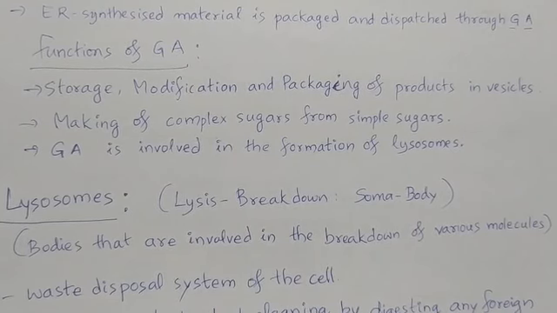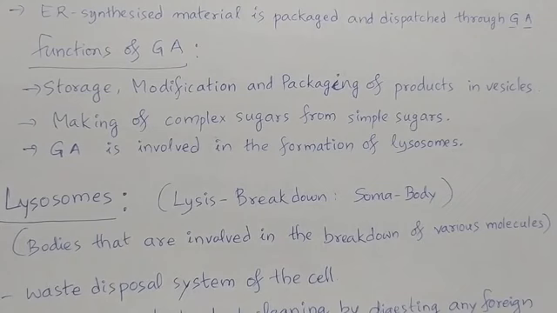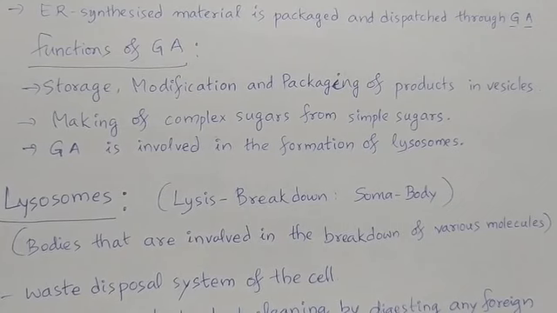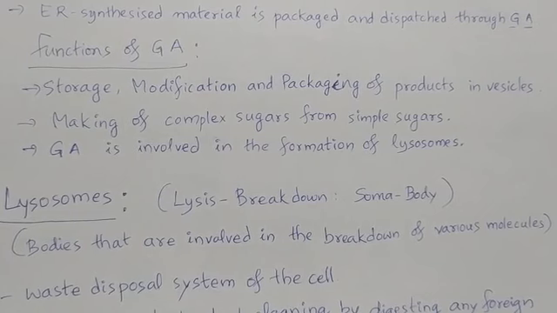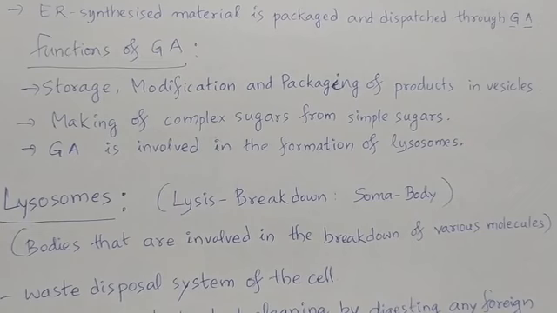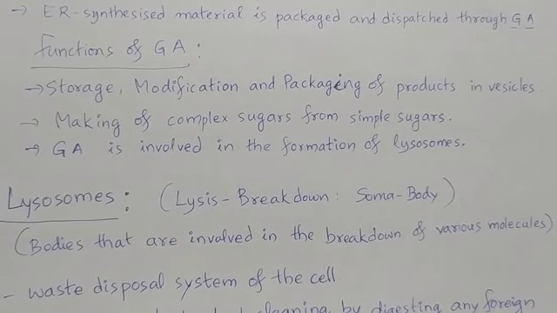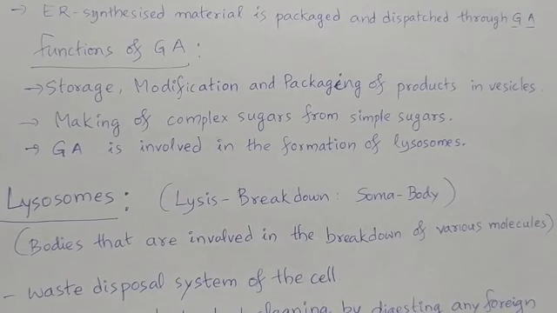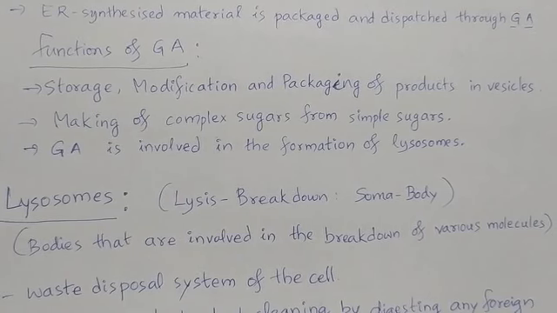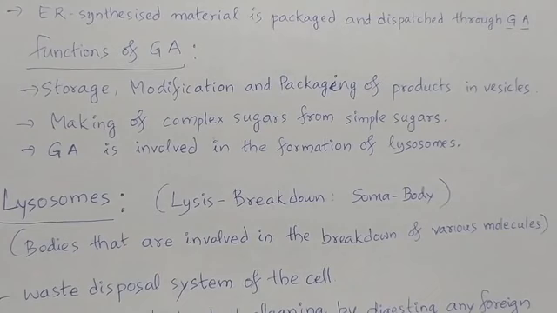Whereas some other protein packets or protein vesicles remain as separate cellular organelles known as lysosomes. So Golgi apparatus is involved in the formation of lysosomes. So lysosomes are the only organelles that are derived from another cellular organelle within the cell.